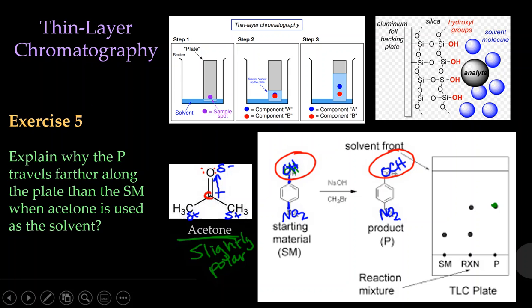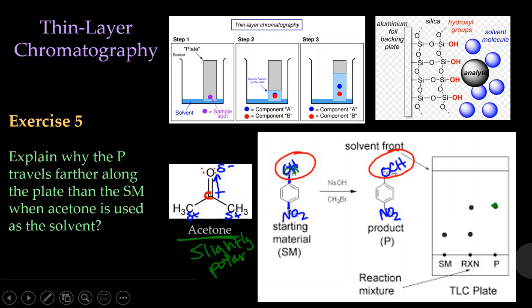So because acetone is slightly polar and the product is slightly polar, it traveled further in the solvent. It's going to have more like interactions. The IMFs are going to be more similar, so they're going to stay more attracted to one another.